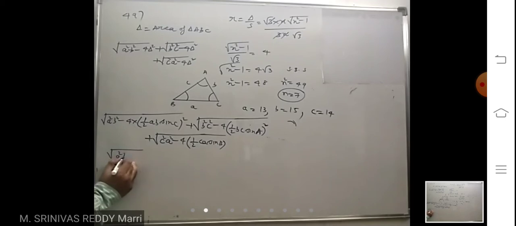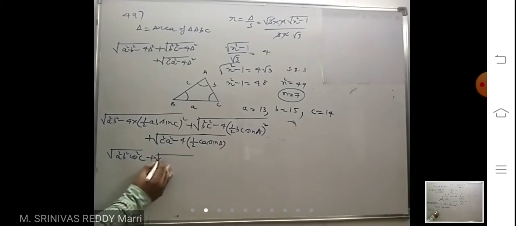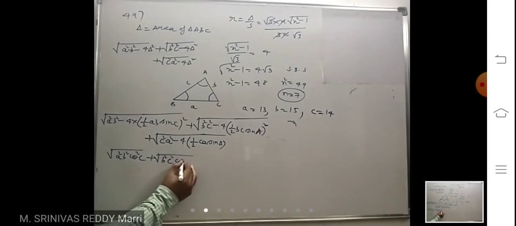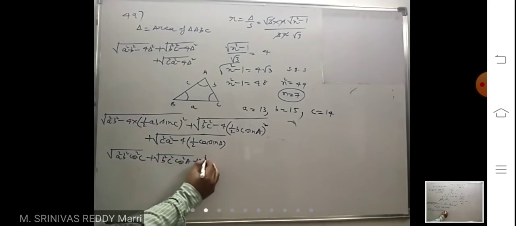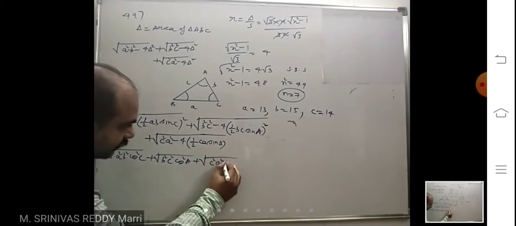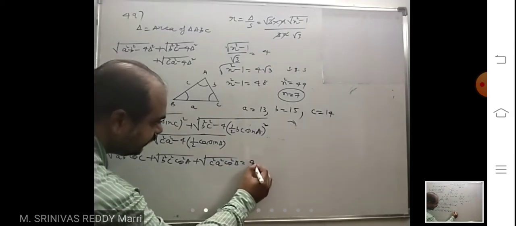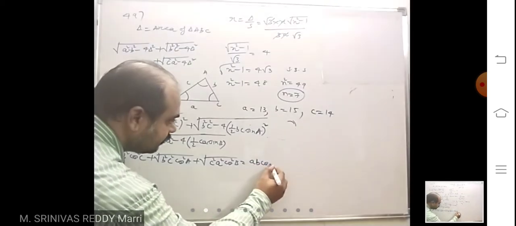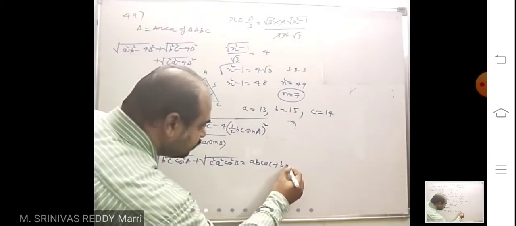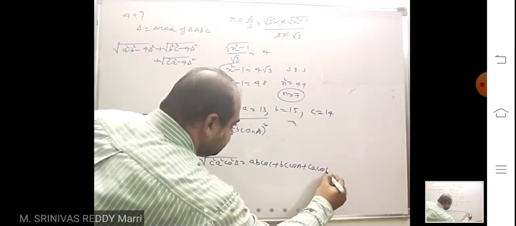If you take it common, you will get 1 minus sine square C. Root of A square B square cos square C, root of B square C square cos square A, plus root of C square A square cos square B. That means you will get AB cos C plus BC cos A plus CA cos B.